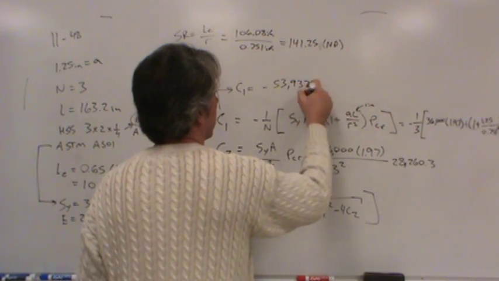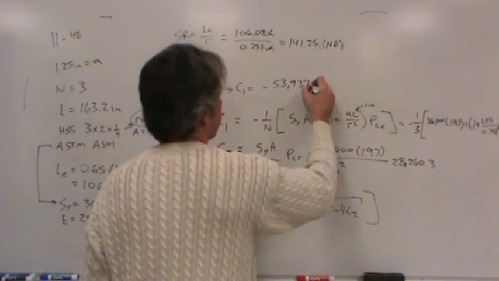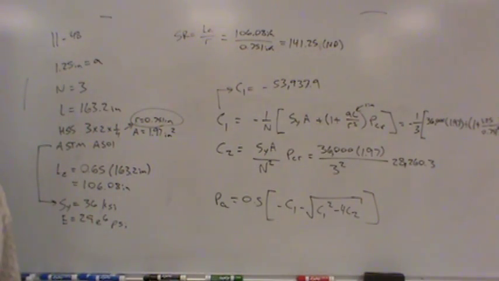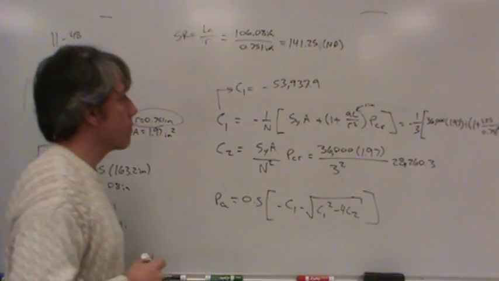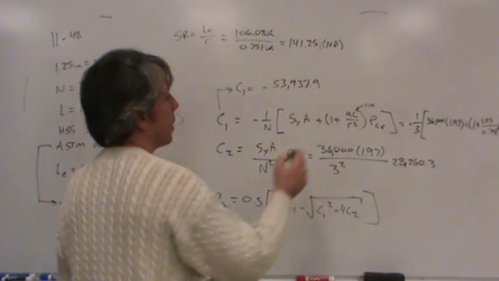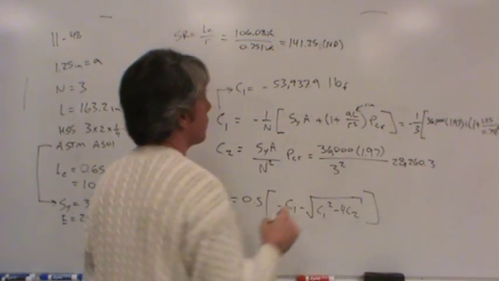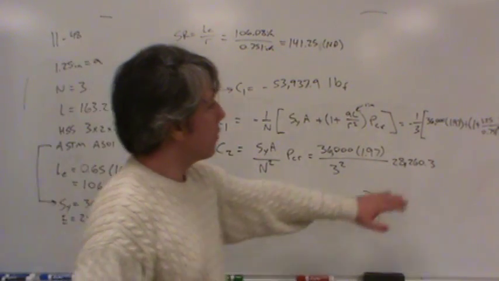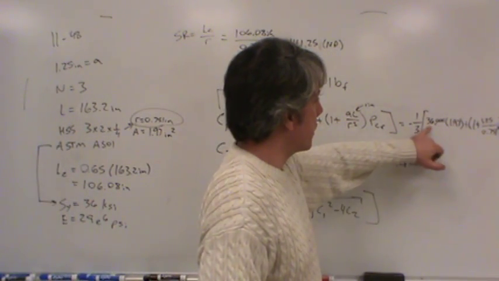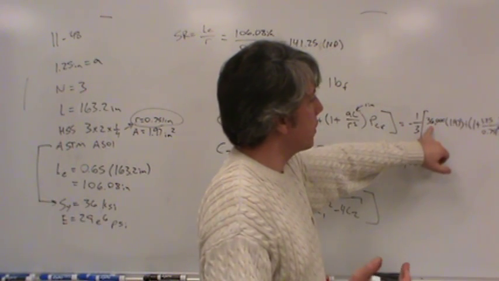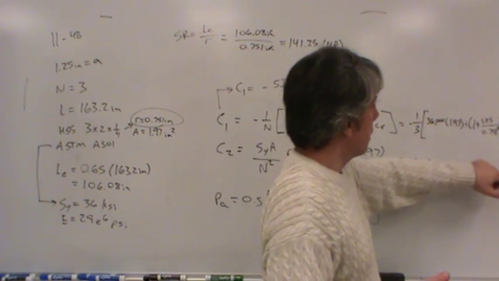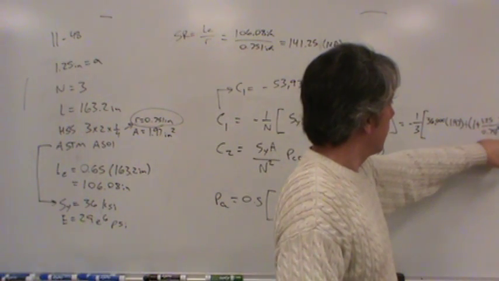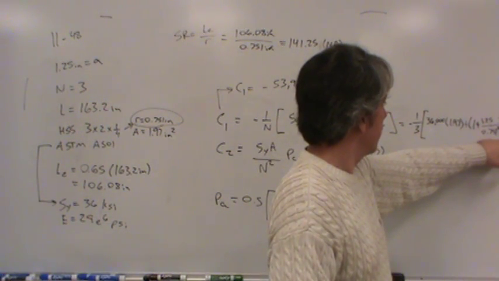Negative 53,937.9, so 938, whichever. What would the units be for C1? Pounds. That number looks reasonable because we have about 2 times 36,000, so that's about 70,000. This number is going to be roughly 2 times 28,000.